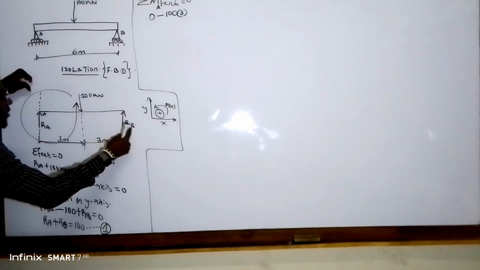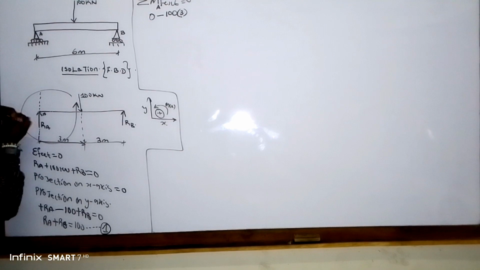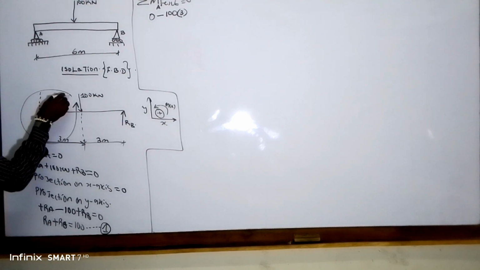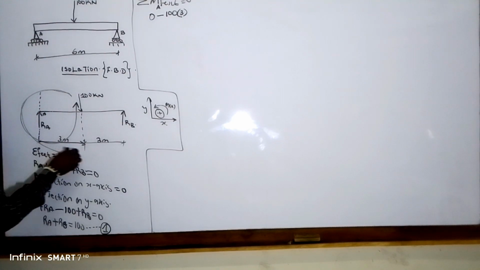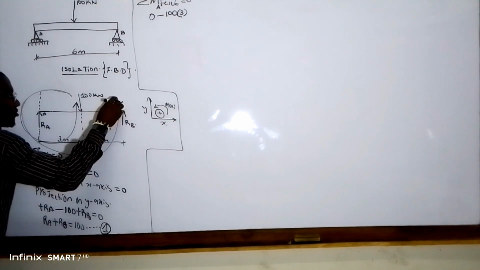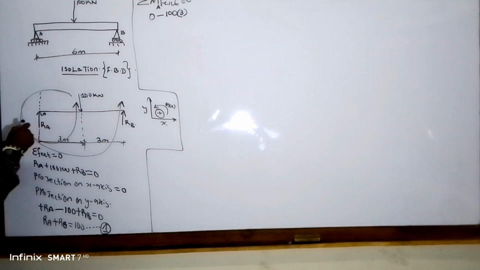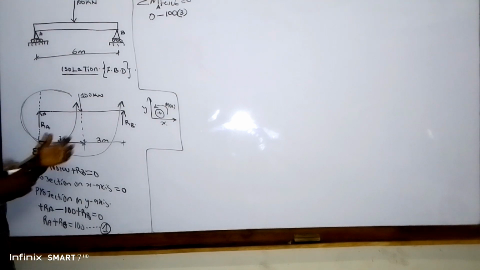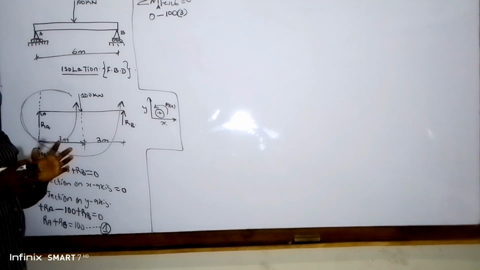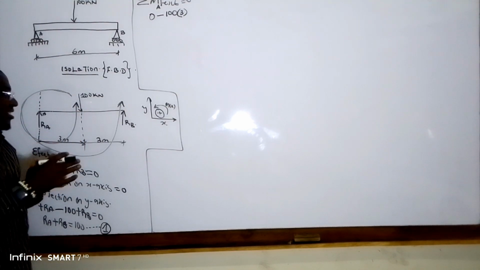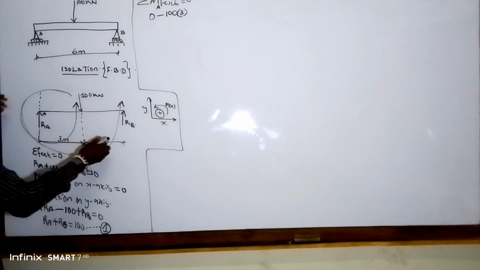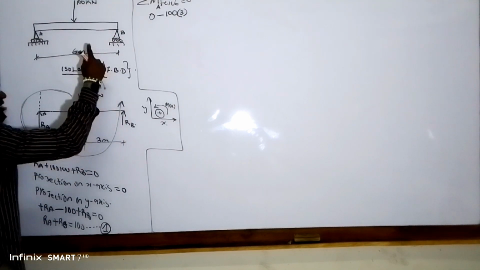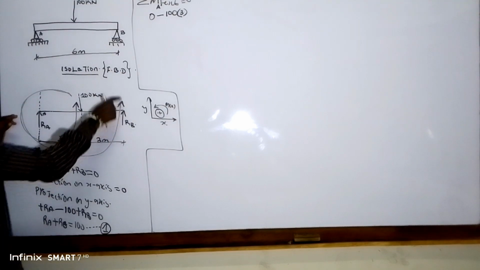And the moment of RB about point A, our moment is still rotating like this. Guys, permit me to do this so that you better understand. But as we move further, I'll no longer be doing it, since you have become professionals. We discover our force is moving in the same direction as the direction of our moment.